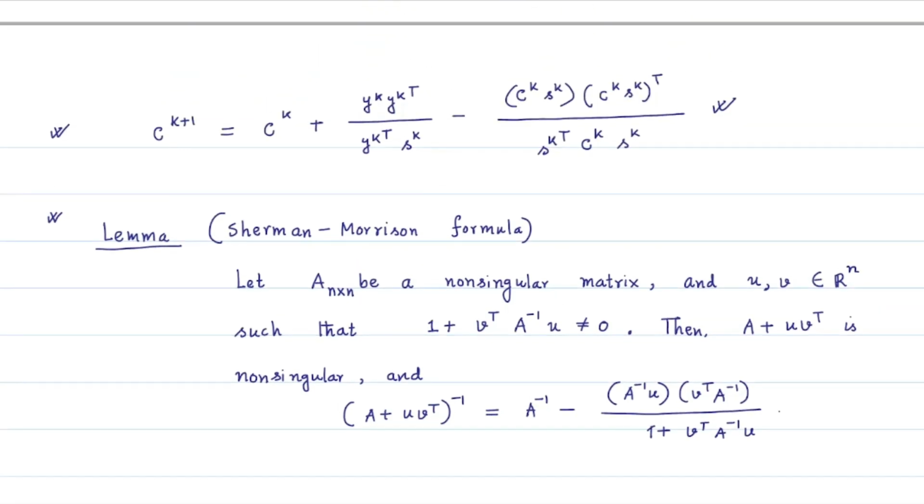Now we look at this expression. This expression looks like Ck plus U V transpose plus another U dash V dash transpose, right?